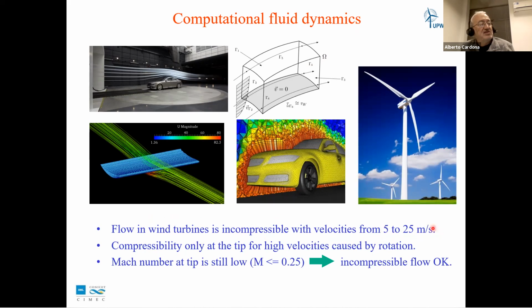For these velocities, the flow can be considered incompressible, and compressibility appears only at the tip for very high velocities, but still the Mach number is very low. So the assumption of incompressibility of the flow is admissible.